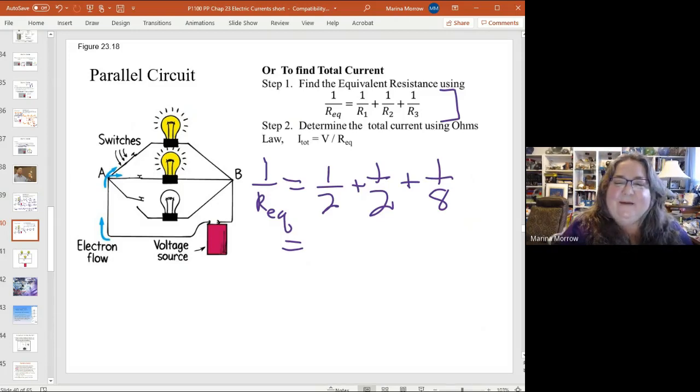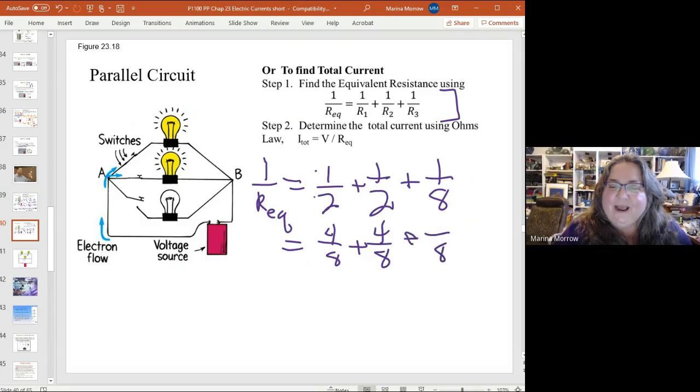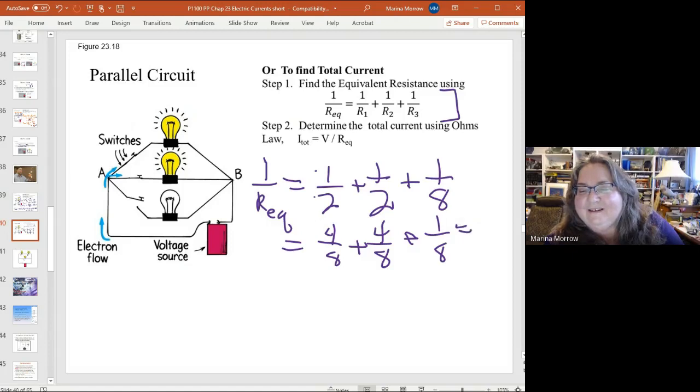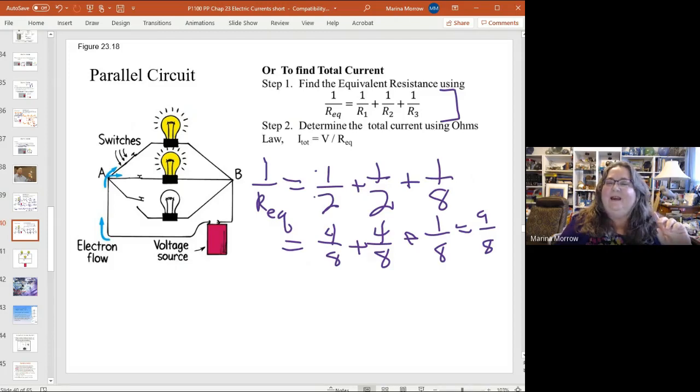So I multiply top and bottom by 4, and so I would get 4 over 8 plus 4 over 8 plus 1 over 8, and that would be 9/8 if I did it correctly. Okay, so now that is my 1 over my equivalent resistance.